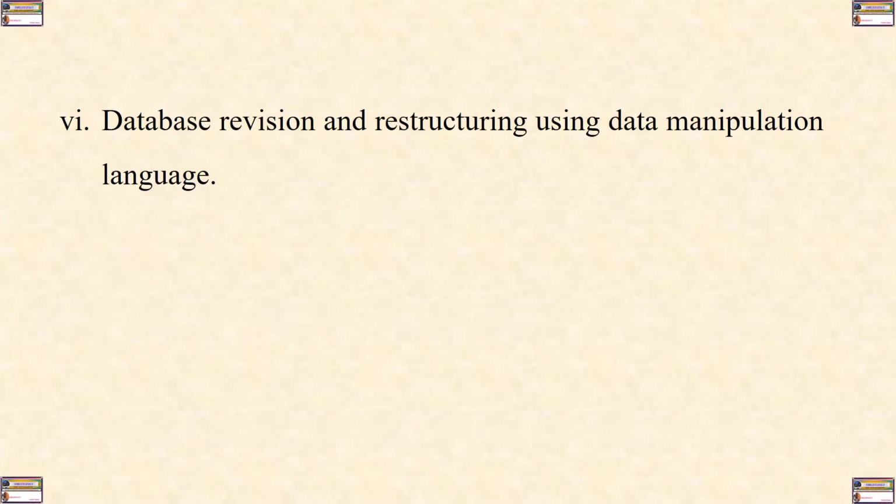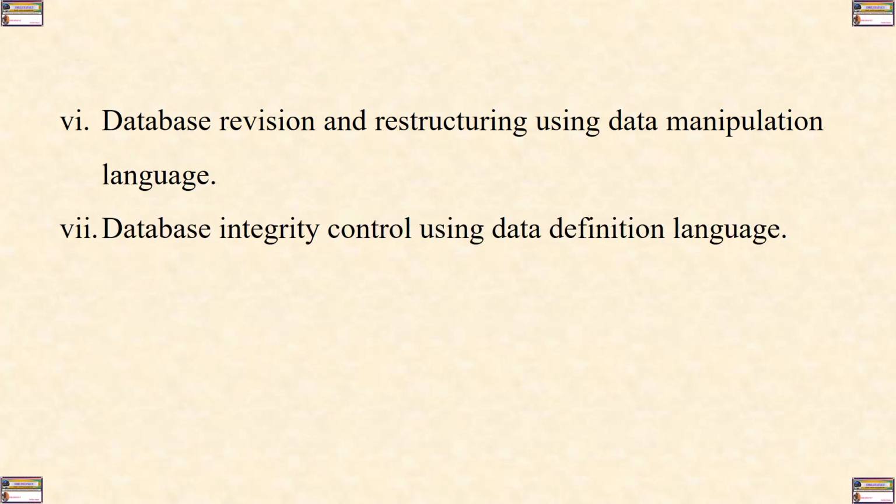Number 6, we have database revision and restructuring. So the database management software enables you to do revision for your database and also restructure it and be able to manipulate your data as you want. Database management software also enables you to have what we call data integrity. So with the use of database management software, you can be able to ensure that your database has integrity controls.